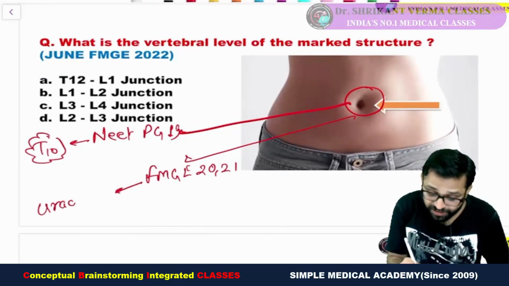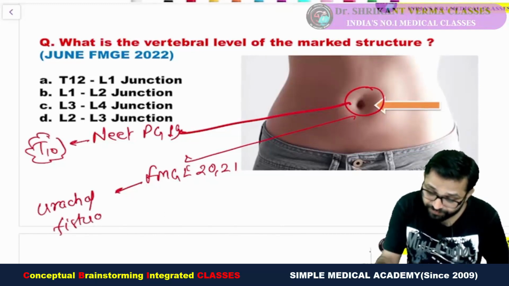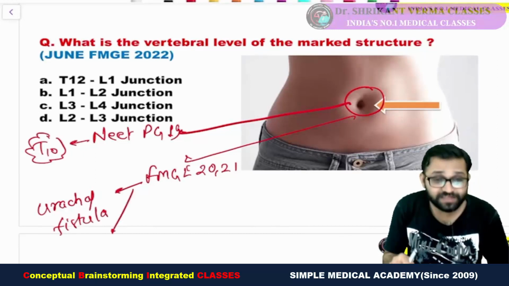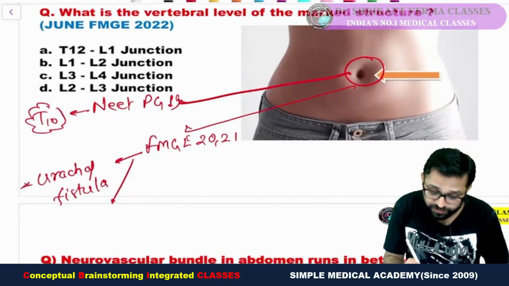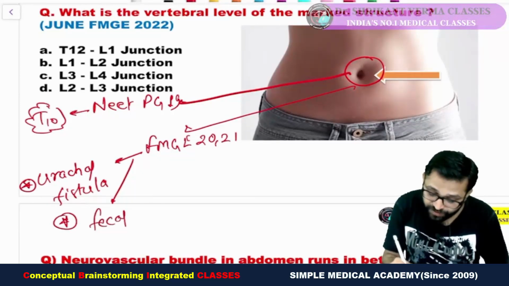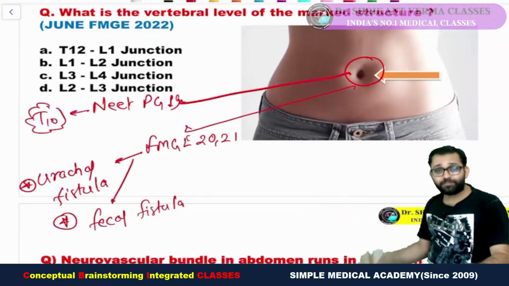There was a question related to the urachal fistula, and there was also a question about the vitellointestinal fistula. That is also related to our umbilicus topic.